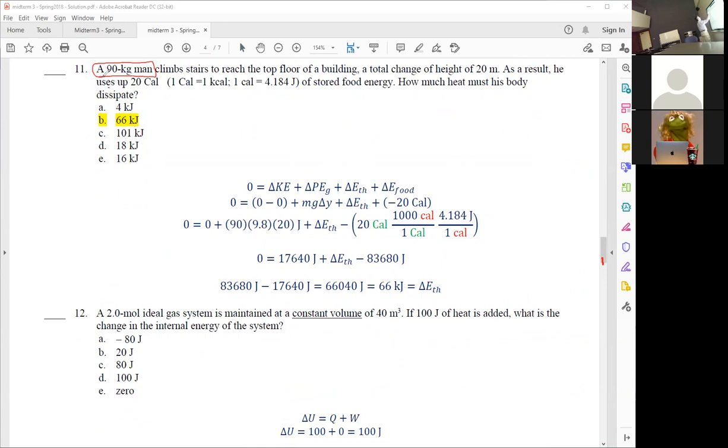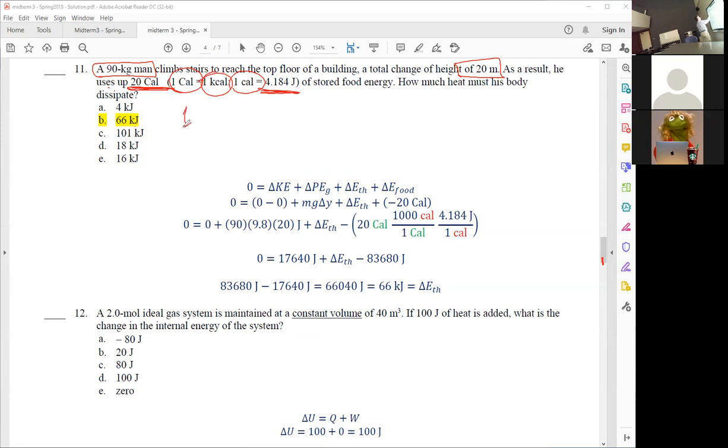A 90 kilogram man climbing to reach the top floor of the building, a total change of height of 20 meters. As a result, he uses up 20 kilocalories. So reminding you, 1 kilocalorie with a capital C is 1,000 calories, and 1 calorie with a lowercase c is 4.184 joules.